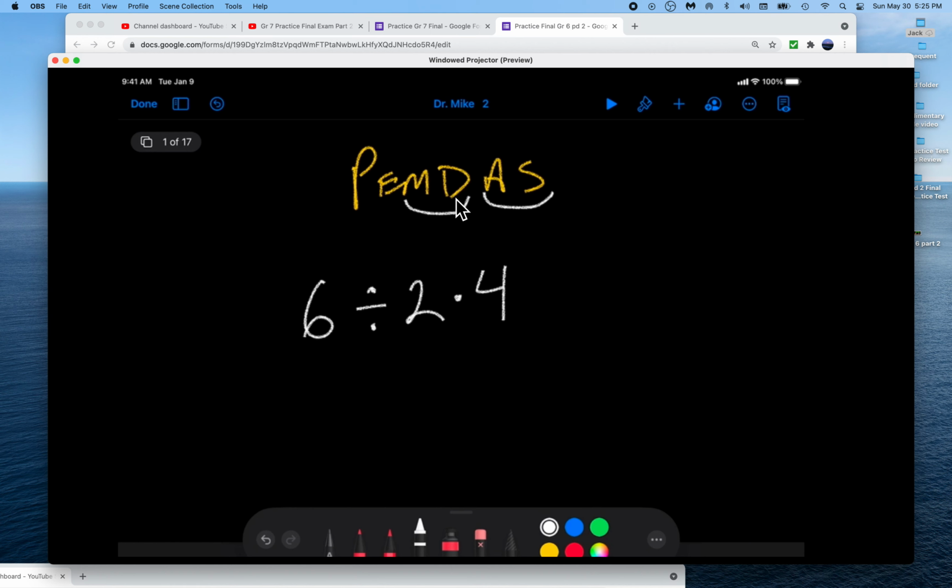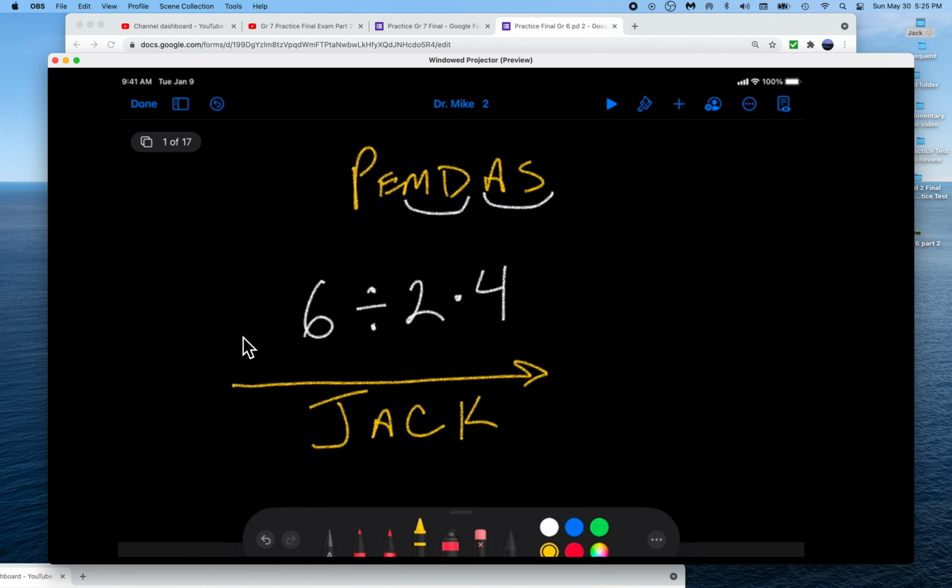So even though it looks like division is listed after multiplication, that is not how it works. If you have multiplication and division in the same expression, you go left to right like you're reading a word. Okay, so if you're going to read the word Jack, you're going to go from left to right. That's how you do this.